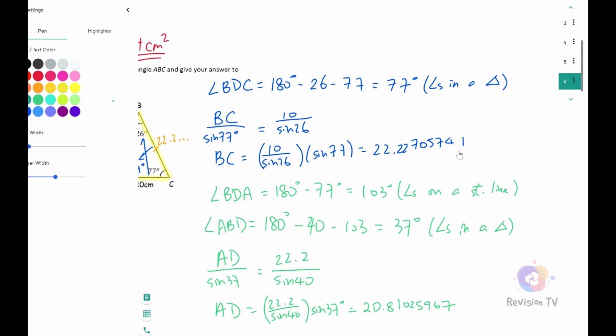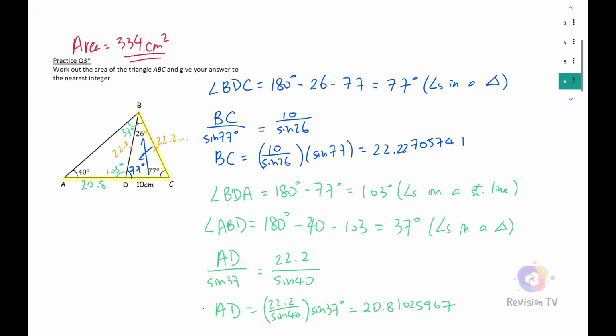And last but not least, I can then work out my final answer. What color have I not used? Let's use purple. So therefore, my final answer, the area equals half AC, the whole length of AC, times BC, sine the angle C, 77 degrees. So my AC is 20.8 plus 10.